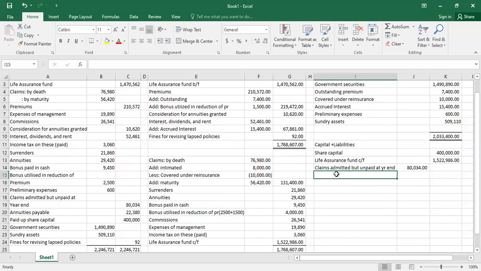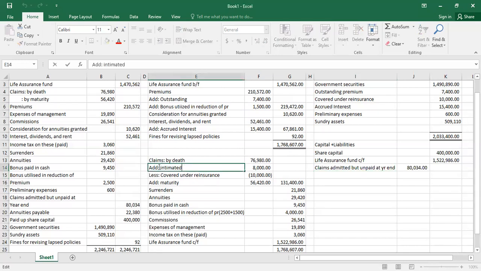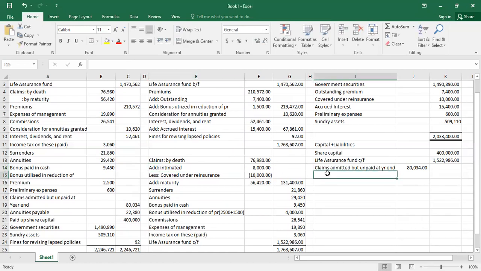They'll be liabilities because they're intimated; they haven't been paid. They were claims intimated of 80,000.